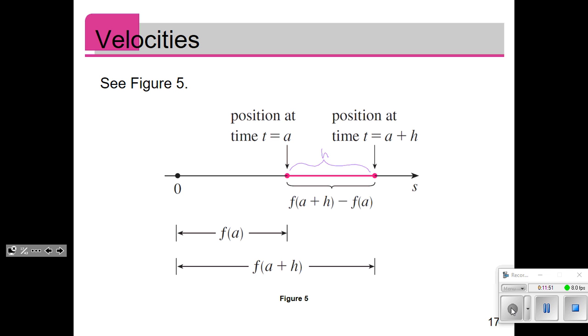You can tell here, this is your f of a, this is your f of a plus h. This is your a point, this is your a plus h point. H is the difference between the two.